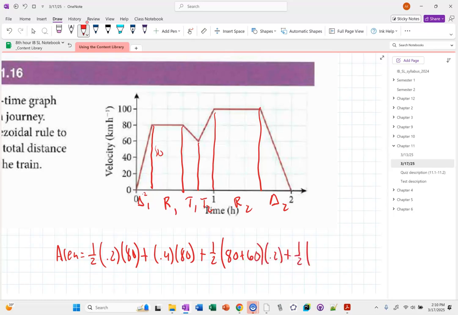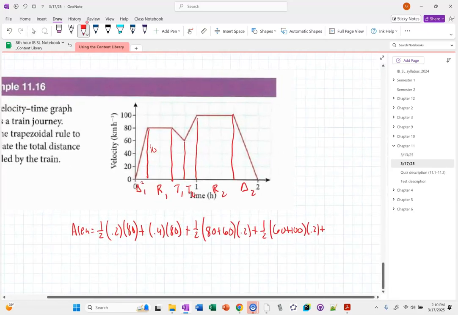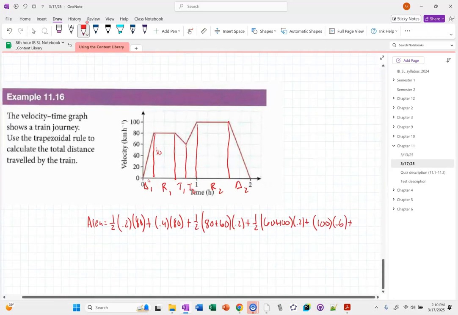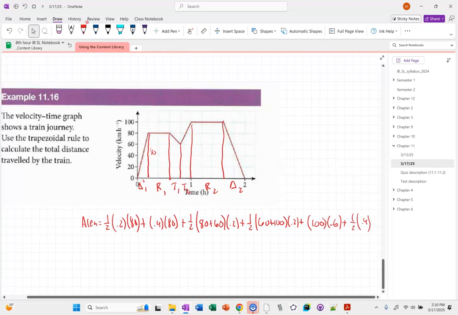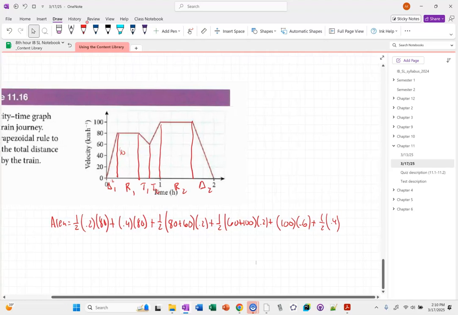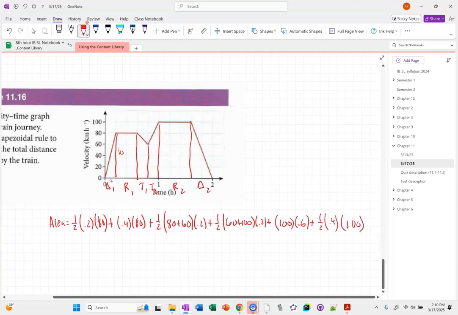The other trapezoid is going to be 1/2 times 60 plus 100 times 0.2. The next rectangle is going to be 100 times 0.6. And then my last triangle is going to be 1/2 times 0.4 times 100. And then I'm just adding it up.